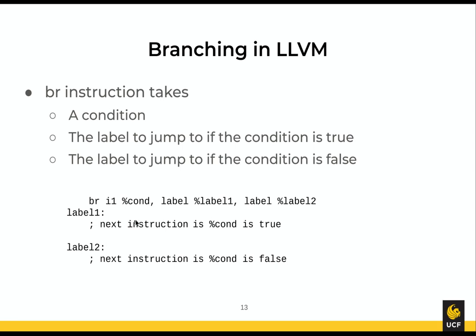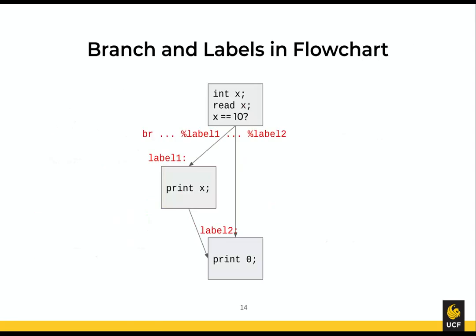The first label is the next instruction that will be executed if the condition is true. The second label is the instruction that will be executed if the condition is false. So very much exactly what you need for implementing an if statement, and a lot more convenient syntax than writing in, for instance, Intel assembly. Questions on this? This is what the branch statement looks like.